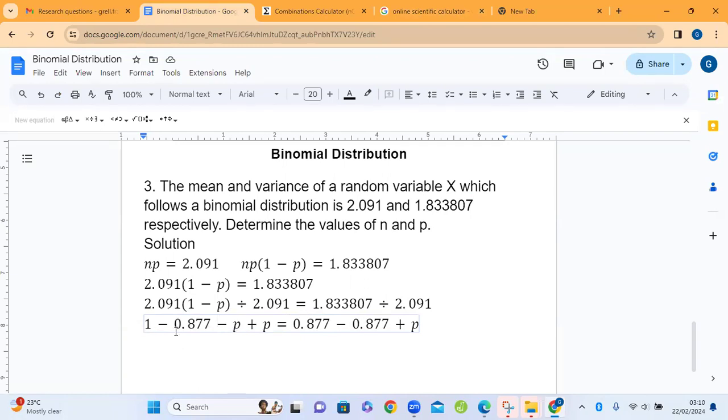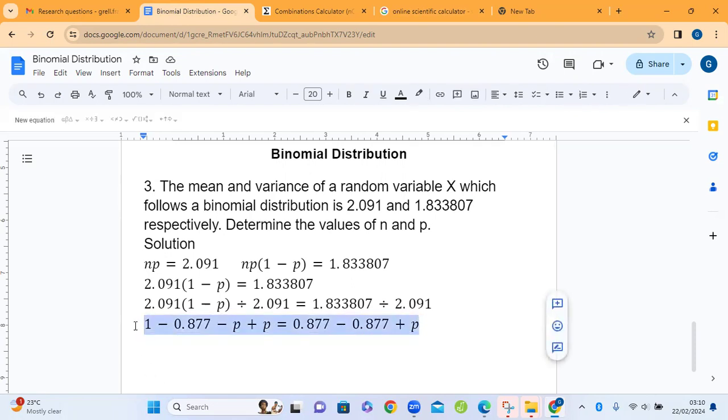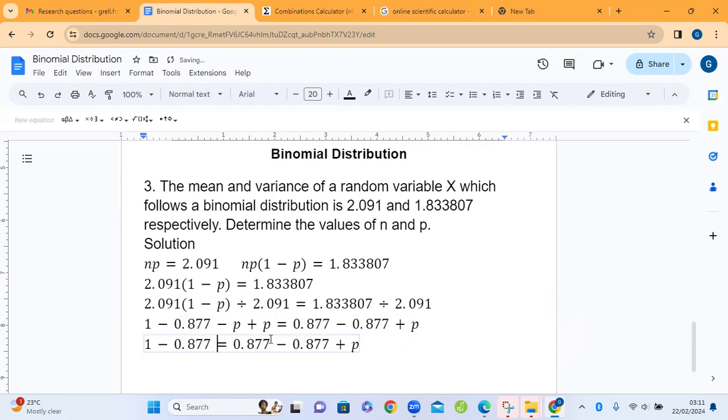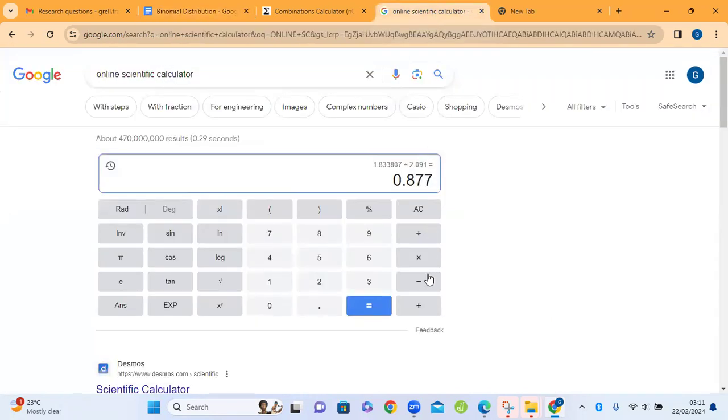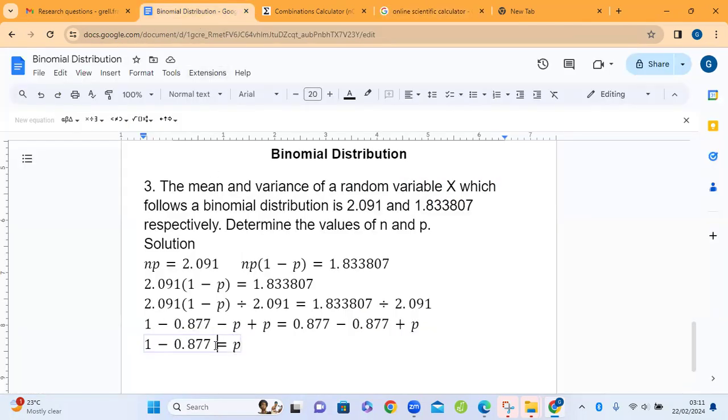So on the left side, we have 1 minus 0.877. Minus p and plus p cancel out. On the right, we are left with p, because 0.877 minus 0.877 cancels out. So we simply have to subtract 0.877 from 1, and that will give us p. P is 0.123.